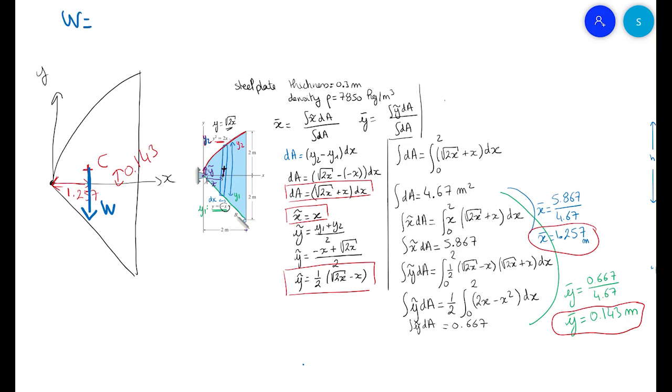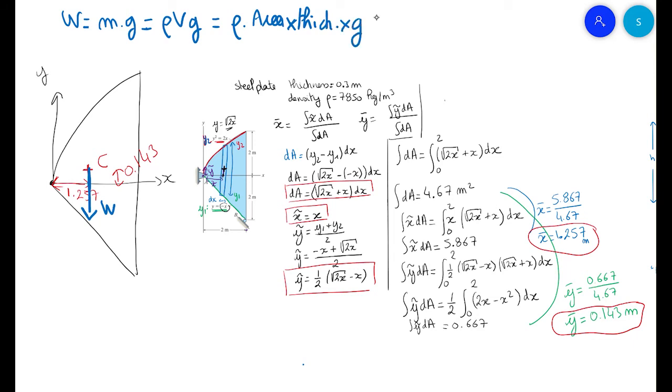The weight is equal to the density. No, first, the weight equals m. Let me do one step at a time. M times g. It's equal to the mass, equal to rho times v, times g. And v is equal to the area times the thickness, times g.